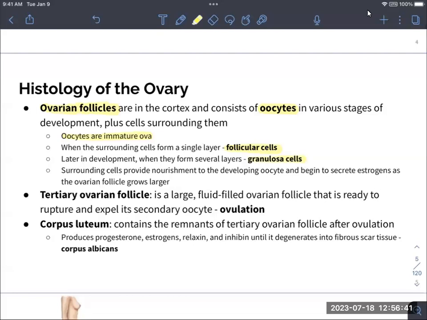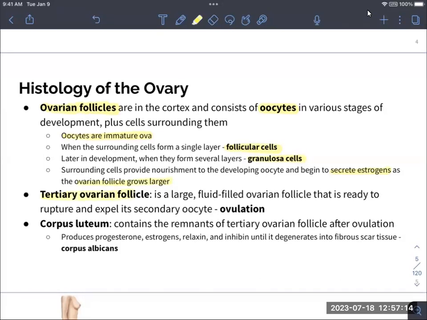Once that single layer of cells becomes several layers of cells, now we've come to the granulosa cells. These cells are providing nourishment. They're giving these oocytes all the different nutrients that they need to mature and develop. They start to secrete estrogens. This is what helps this ovarian follicle to grow larger.